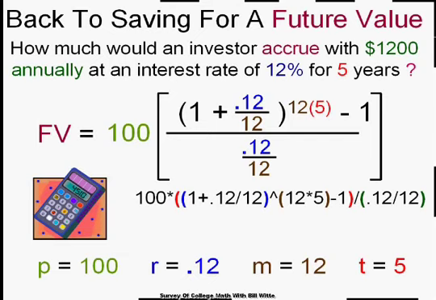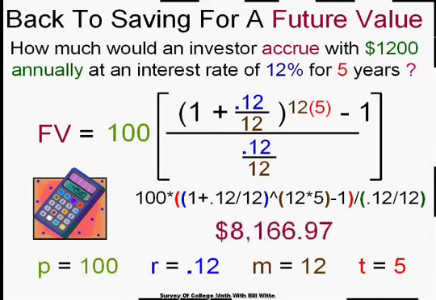Note that I put the whole numerator in a set of parentheses. That's red. Okay. I put the whole denominator in a set of parentheses. That's green. Okay. Then I put the part of the formula 1 plus R over M in parentheses. That's blue. And of course, and this is the most common mistake, I had to put any exponent in its parentheses. See the 12 times 5. If you don't have all 4 sets of those parentheses, you're going to have a wrong answer.